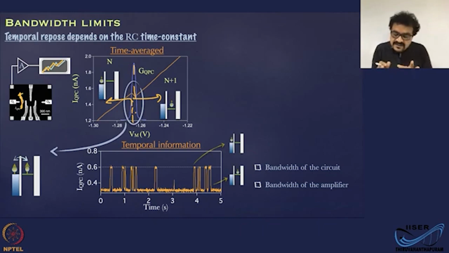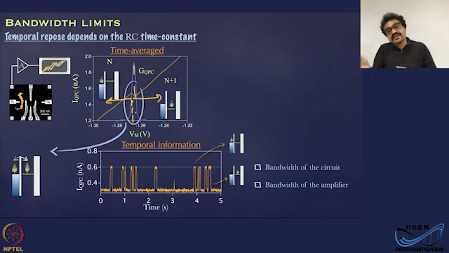So let us discuss the limitations here. Okay. In this specific case, instead of measuring the current as a function of the gate voltage, let us configure or park the device in this configuration where the level inside the dot and the Fermi level are in resonance.